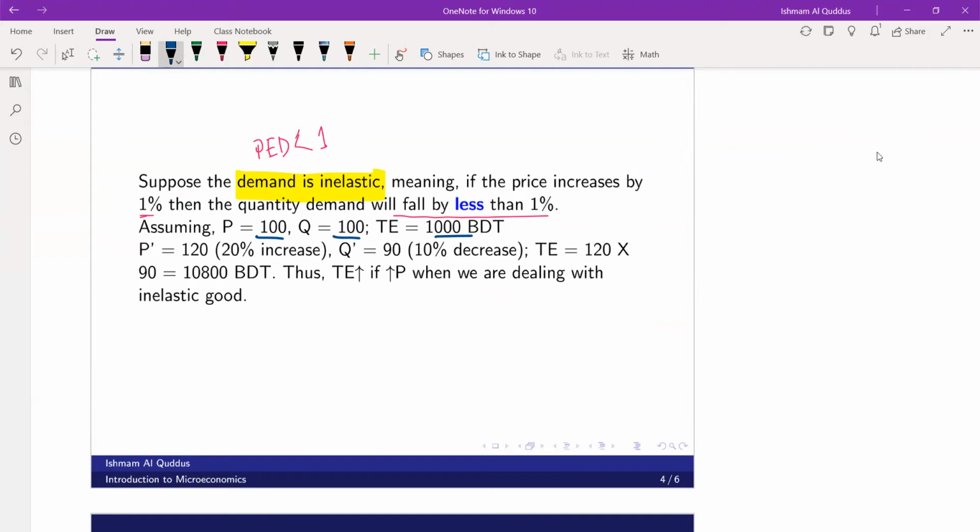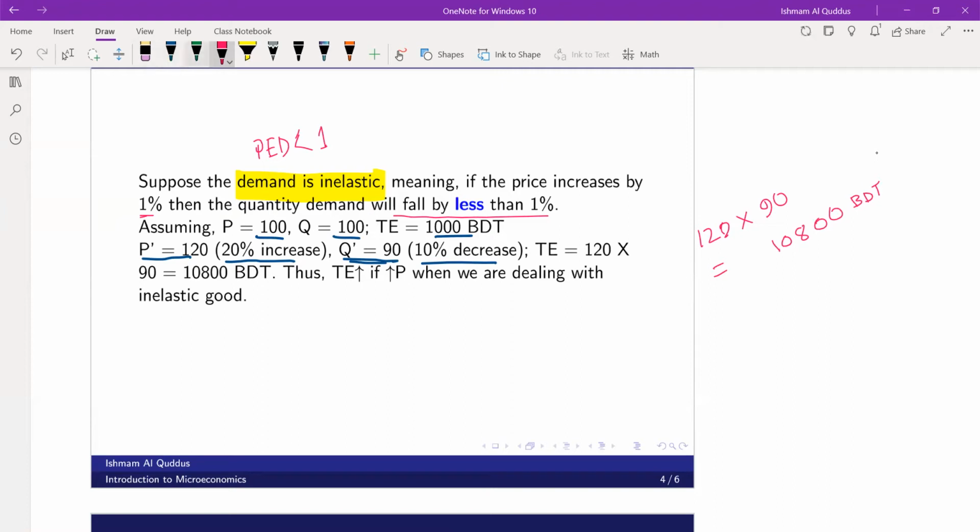And assuming there is an increase in price by 20%, the new price would be 120. On the other side, a 10% decrease in quantity means the new quantity demanded would be 90. So the new total expenditure would be 120 multiplied by 90, which is 10,800 taka.